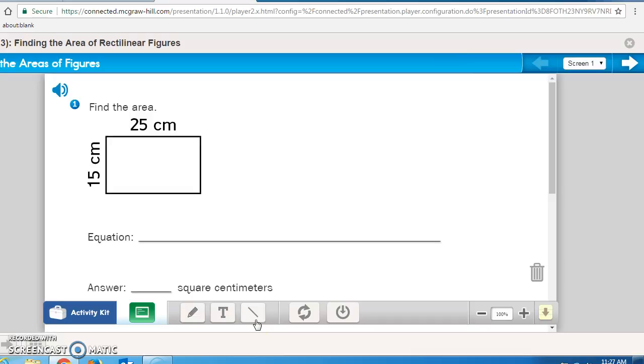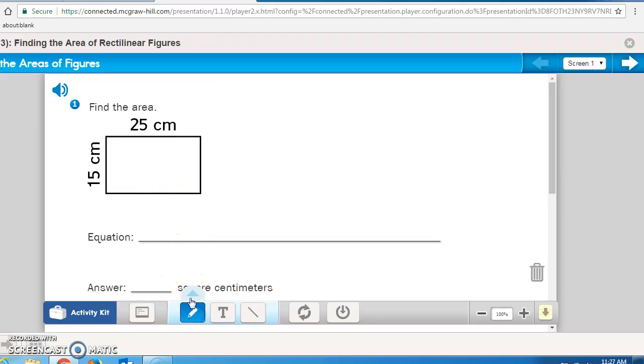So let's find the area, an equation for this rectangle. This is on Math Journal page 125. I'm going to help you with the first one, and then you're going to do the rectilinear rectangle yourself.